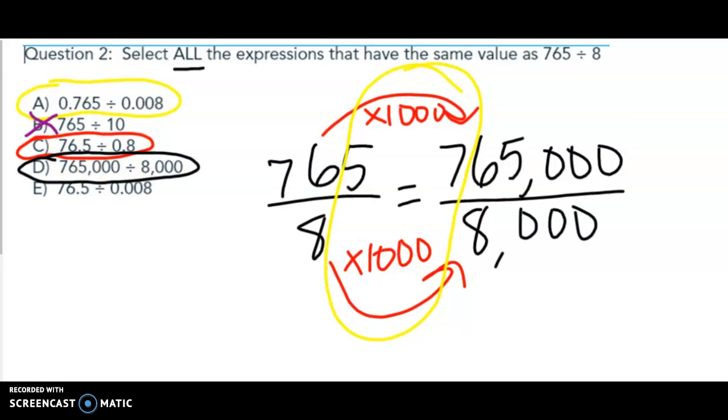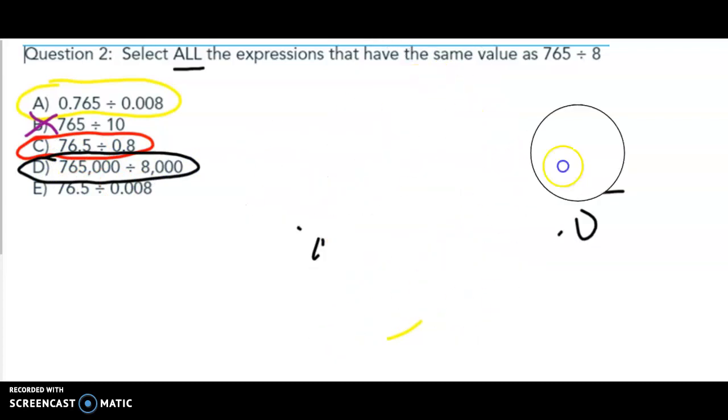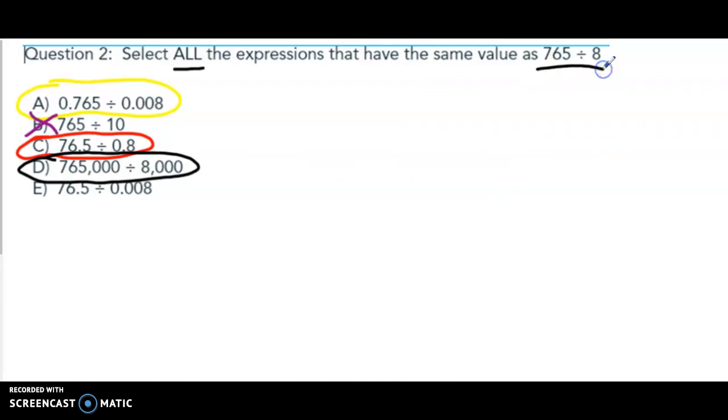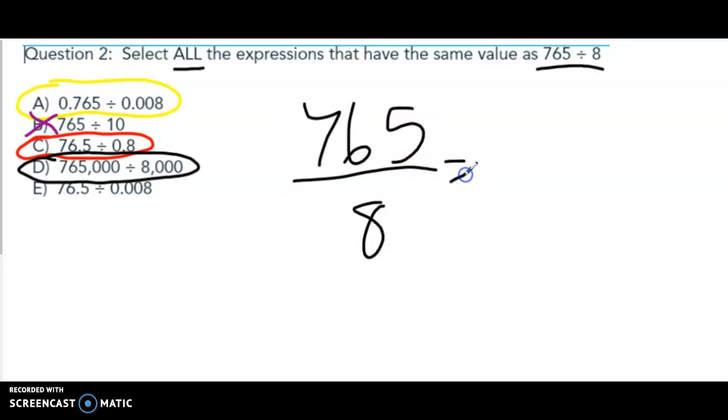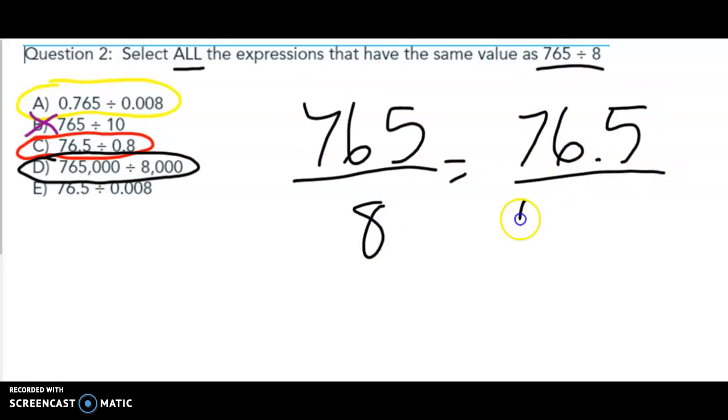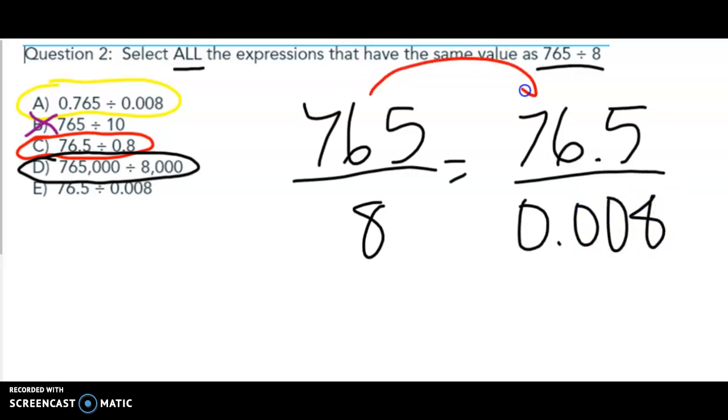Okay, let's look at that last one. Let me erase. On this last one, I still want to start with the original, 765 divided by 8. And I want to know if 76.5 is going to be the same thing as 8 thousandths. Well, here in the numerator, I'm going from a large number, 765, and I'm going to 76, so I'm dividing.